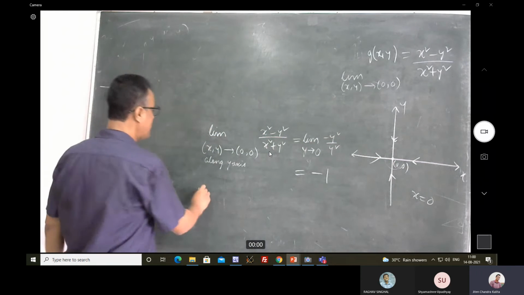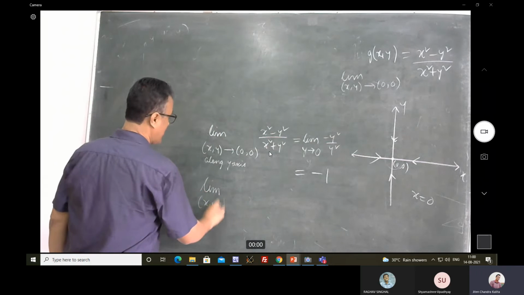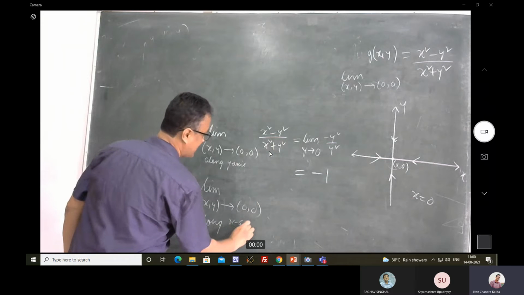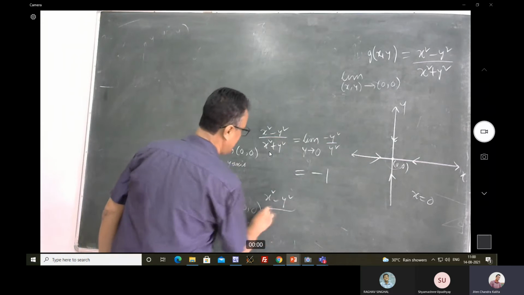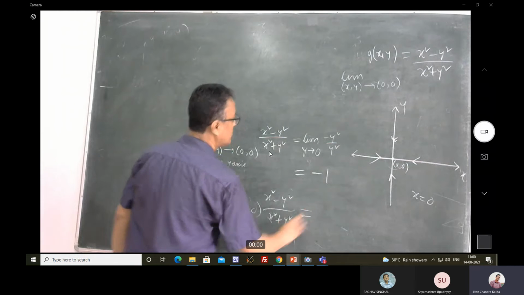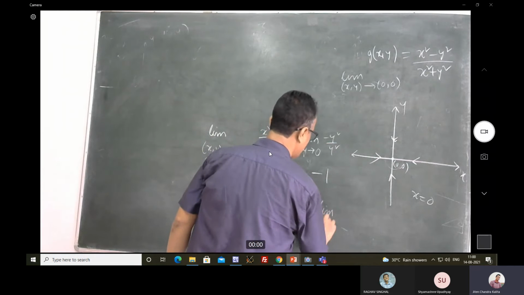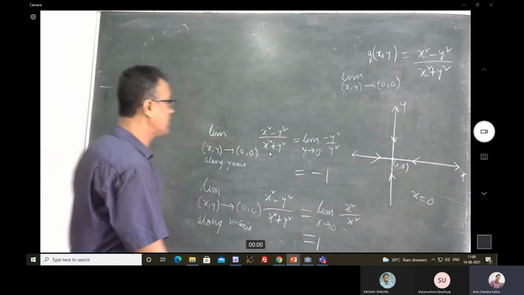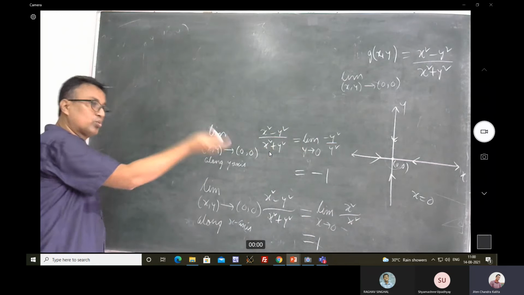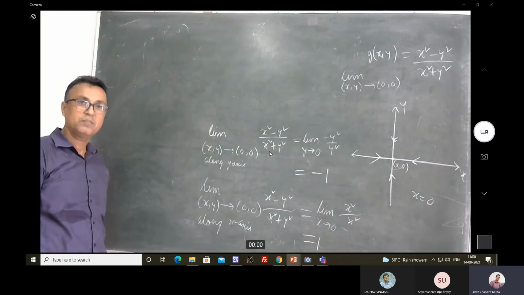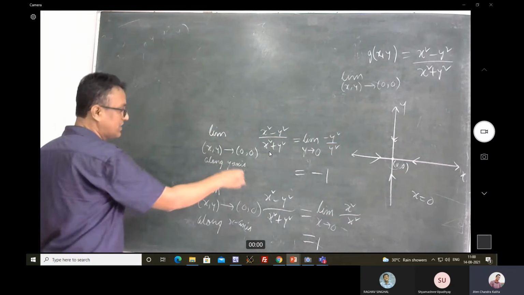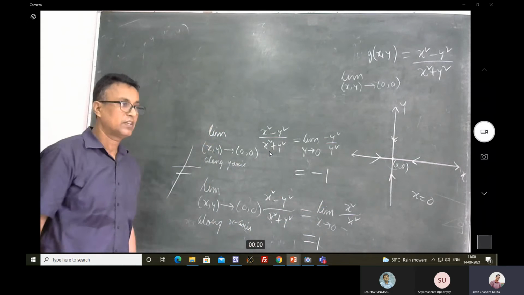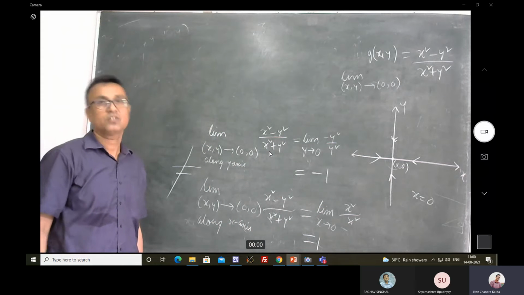In that case, y is going to be 0. So this will be equal to simply limit x tends to 0 of x squared by x squared, which is equal to 1. So here you can see that through two different approaches, you got two different limits, right? Since these are not equal, the limit does not exist.